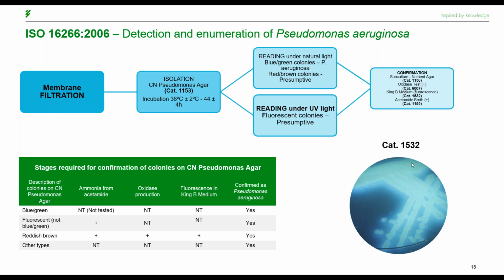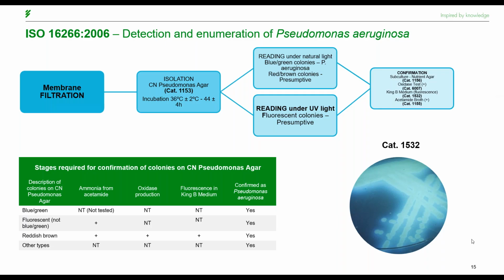So for the confirmation step, these presumptive colonies are subcultured onto a non-selective agar. Pseudomonas is oxidase positive, so a blue-violet color has to develop. Then on King B medium, the colonies are incubated and examined under UV light, and any fluorescence in the course of incubation is recorded as Pseudomonas aeruginosa.